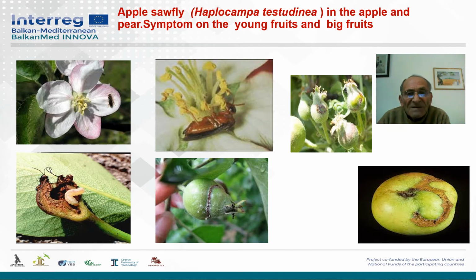This group of insects begins the infection at flowering time. The female lays the eggs in the ovary of the flowers, and the new fruits are just infected. That means we need to control very early in order to determine the damage of this insect.